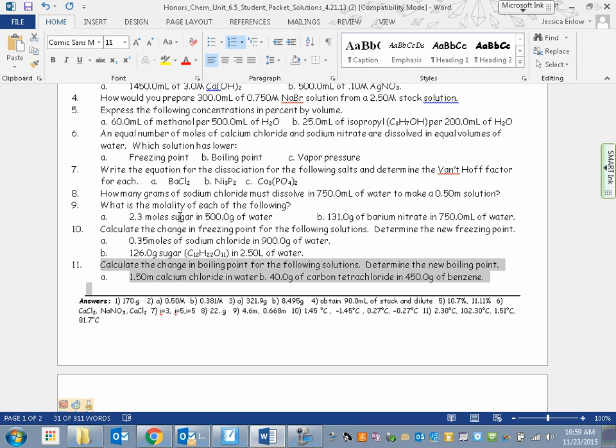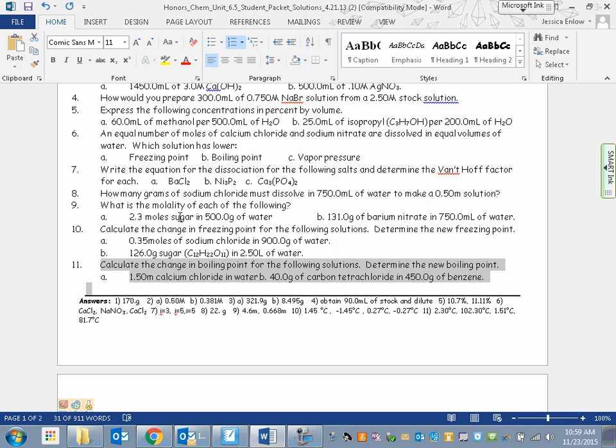Ca3(PO4)2. When dissolved in water, you can put water above the arrow to indicate that it's aiding the process of dissociation. It breaks into 3 calcium 2 plus ions, that's the charge of calcium, plus 2 phosphate ions.